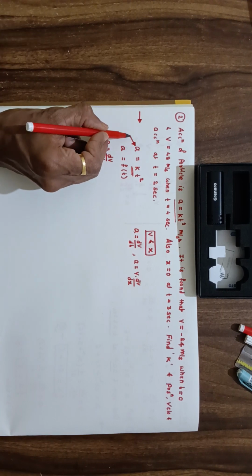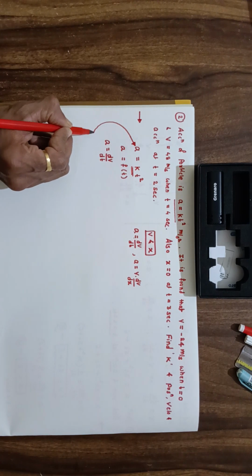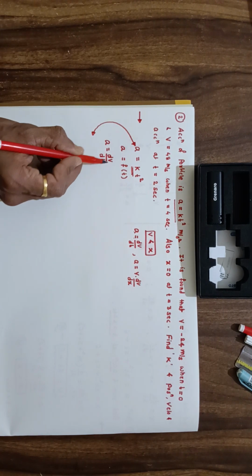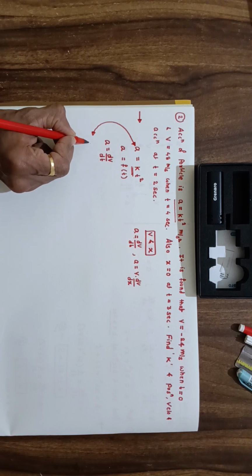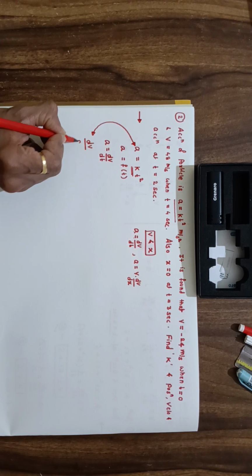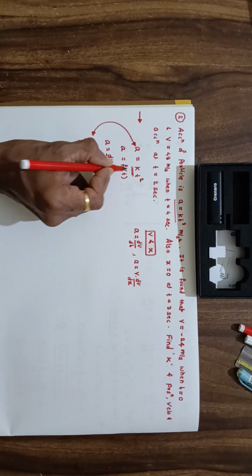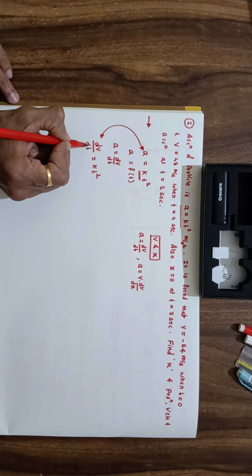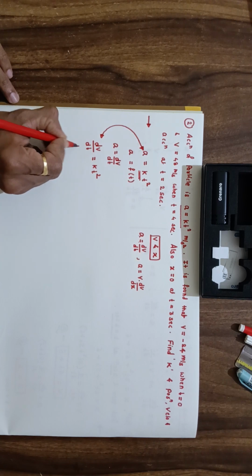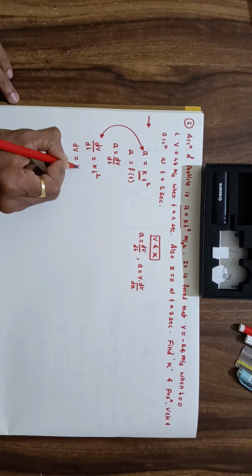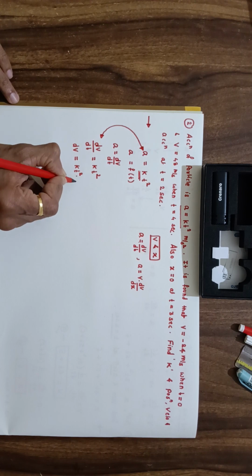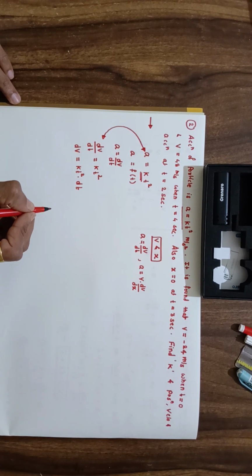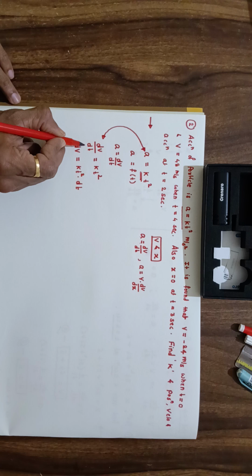Okay, so replace the value of acceleration by this dv by dt. So this is equal to kt square as it is. Okay, now take the dt on the right side. So dv equal to kt square into dt. Okay, now integrate both the sides.